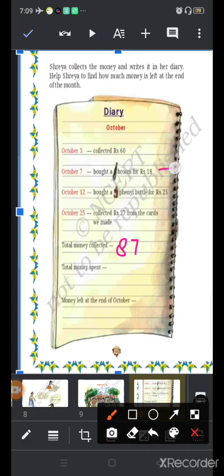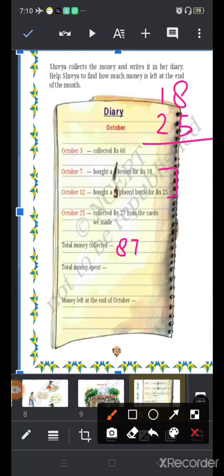So these rupees 18 and rupees 25 are spent money. So how will we write this money? First we'll add both of these. Okay. So rupees 18 and rupees 25. What is the addition of these? 8 plus 5 is equal to, after 8 we'll count how many more? 5 more.